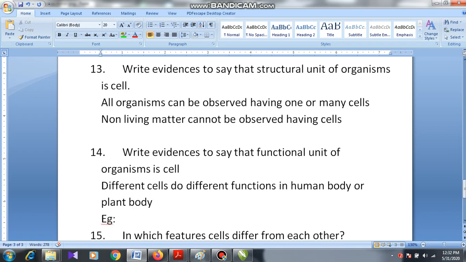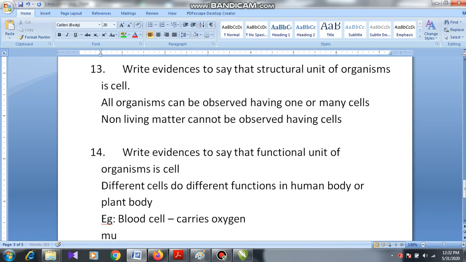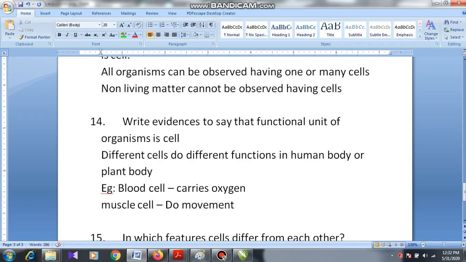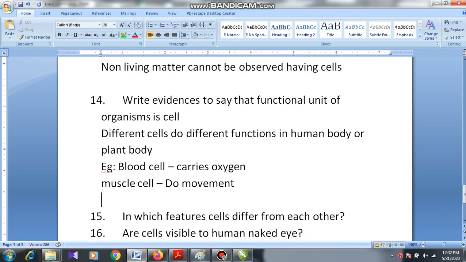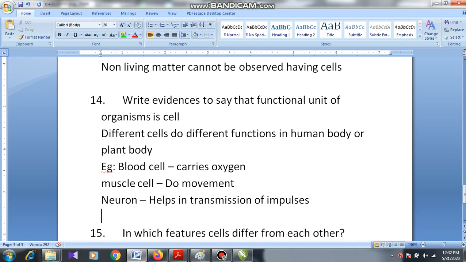Example: a blood cell carries oxygen, a muscle cell does movement, a neuron helps in transmission of impulses. There are many functions there.